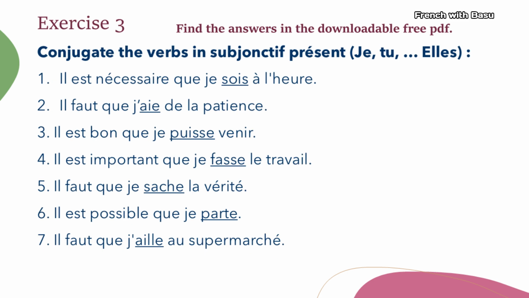Exercise 3. Conjugate the verbs in subjunctive présent. What you have to do is, you have to change the subject je to tu, il, elle, on, nous, vous, ils, elles.